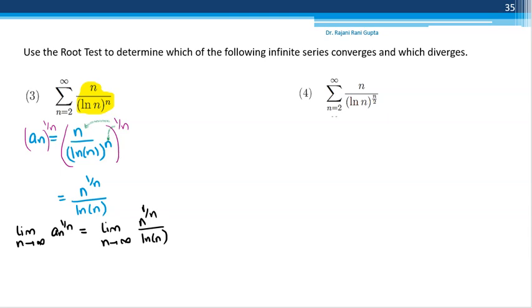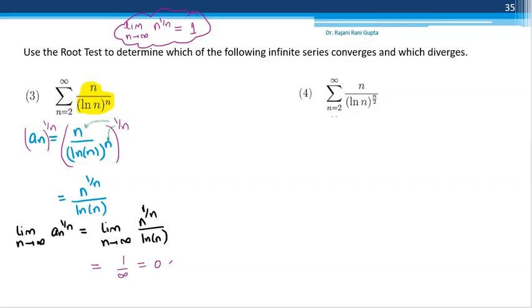For this you need one result. That result says, I'll write it here, the limit as n approaches infinity of n^(1/n) is always 1. So as n approaches infinity, the upper term approaches 1, and the lower term approaches infinity.